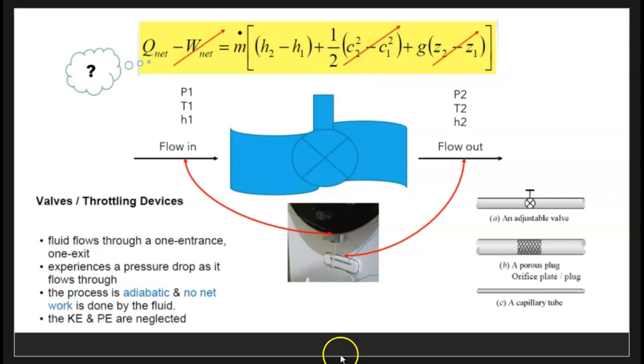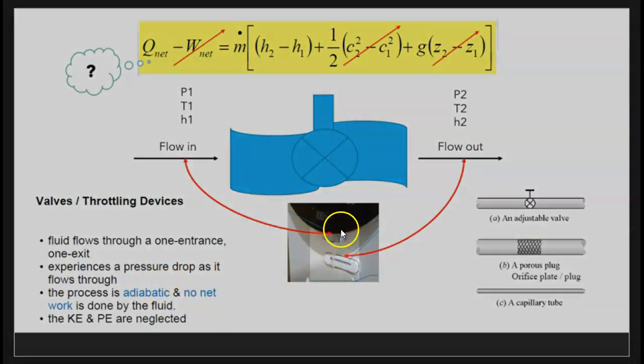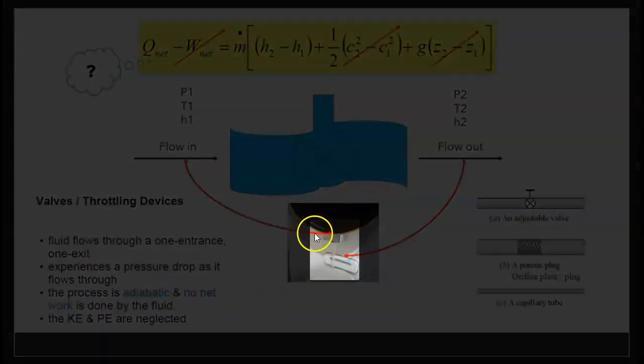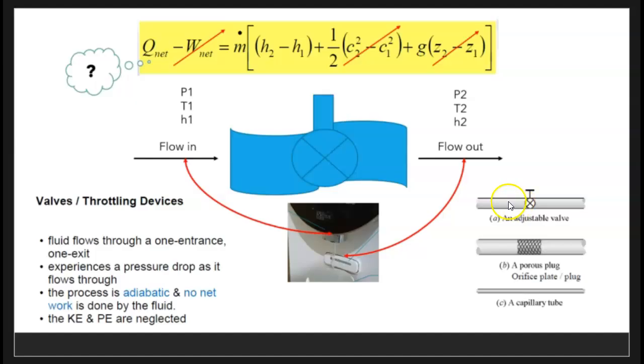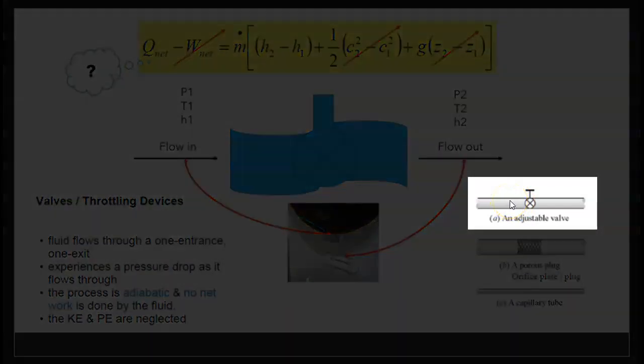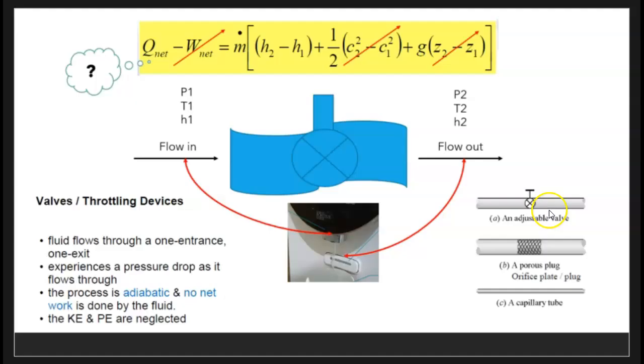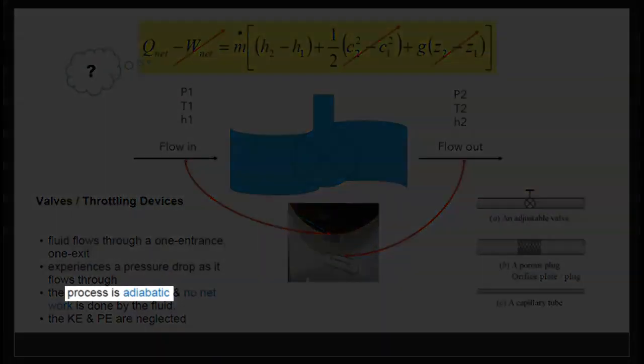Hence, this will leave you with Q net. We cannot say for sure that this is an adiabatic process because we did not insulate this area here. Unless in some problems they insulate this pipe area, then we can have an adiabatic process.